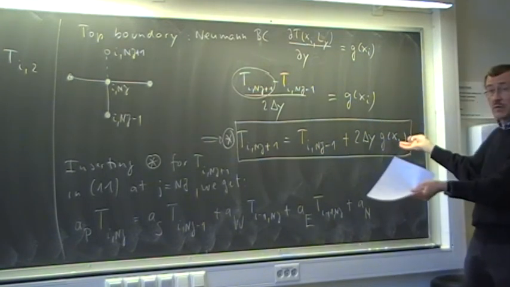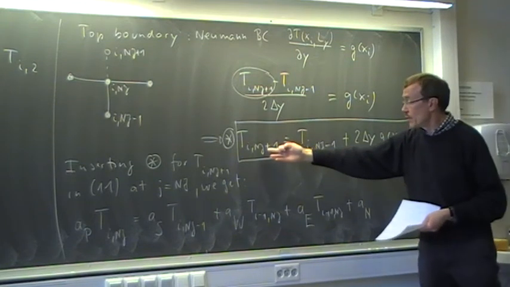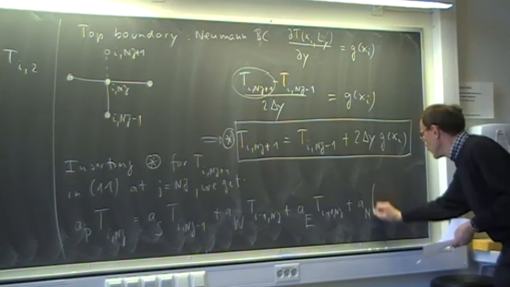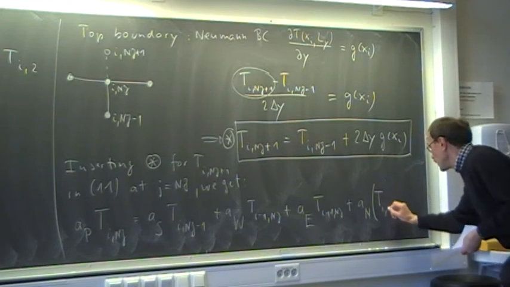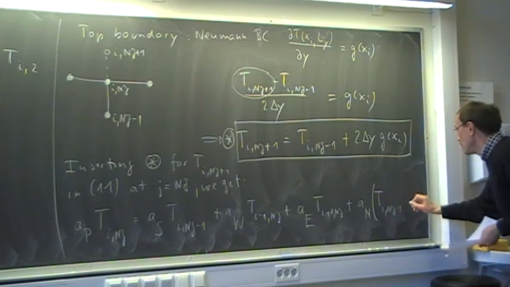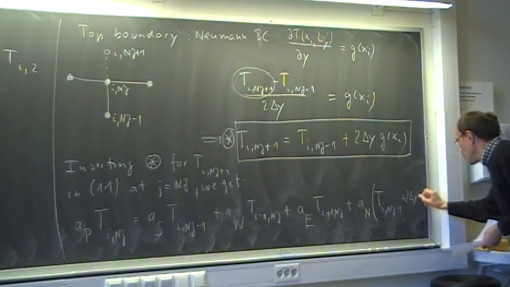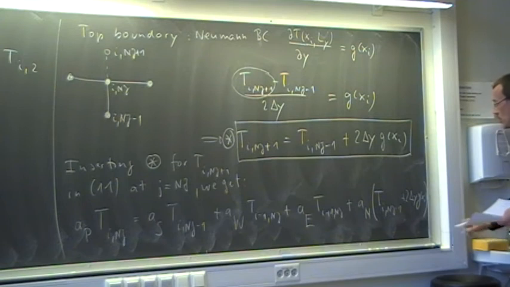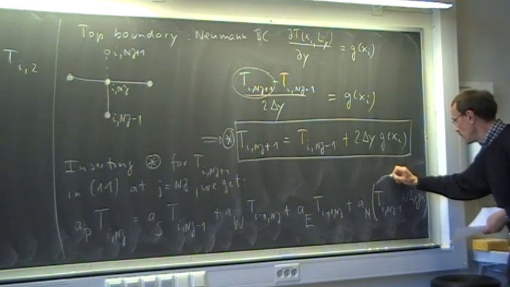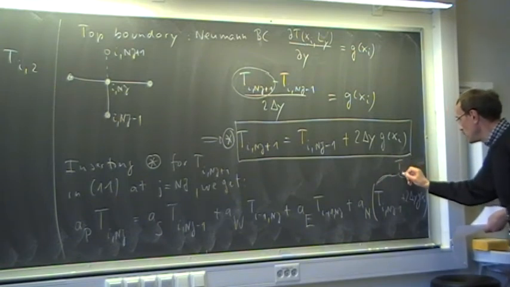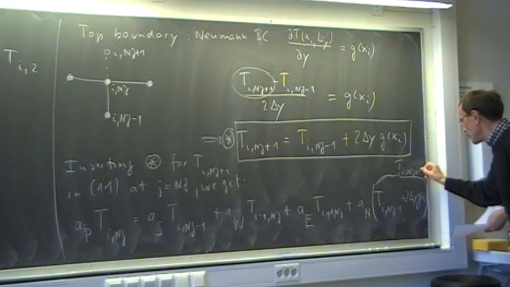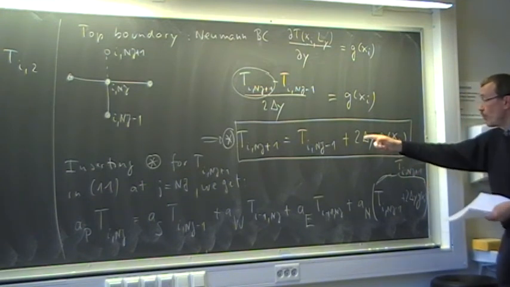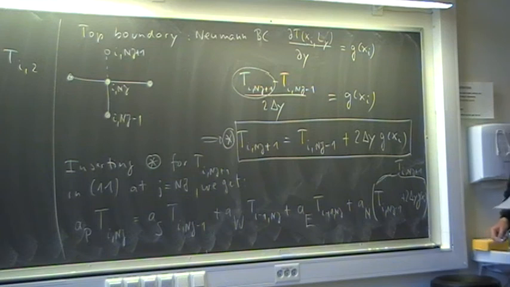We have shown that this is equivalent. So instead of writing this, we write T i,nj-1 plus 2 delta y g of xi. So we have replaced the T i,nj+1, our ghost point value, by the condition that we got from the Neumann boundary condition.